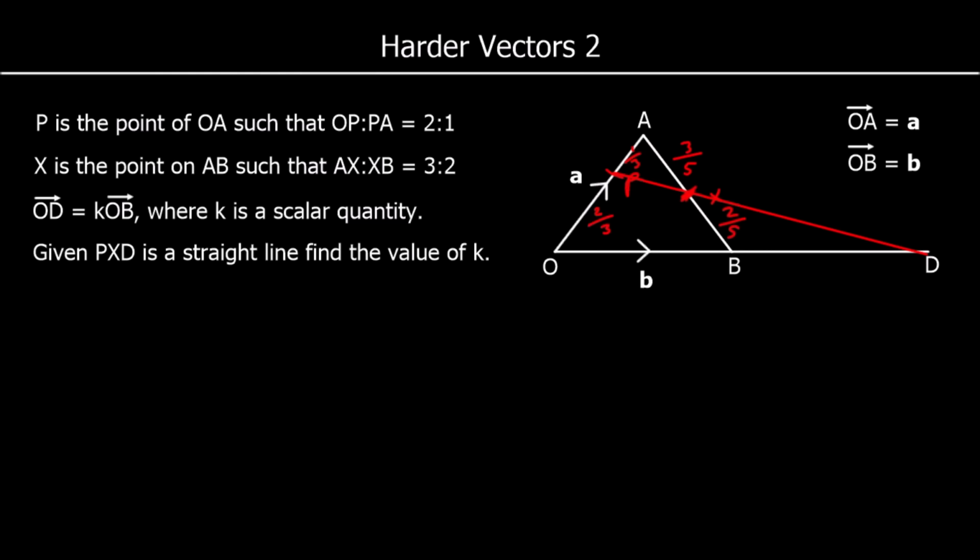So let's work stuff out. We can go from P to X and P to D, and then use the fact they're a straight line, so one's a multiple of the other.